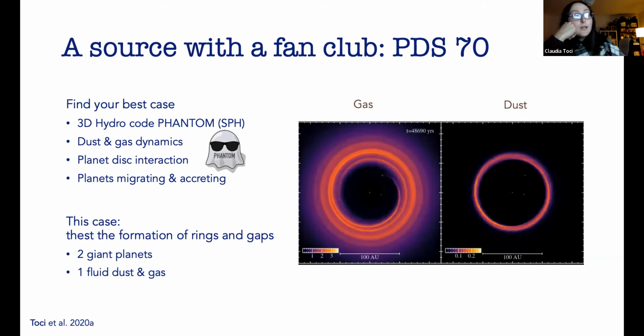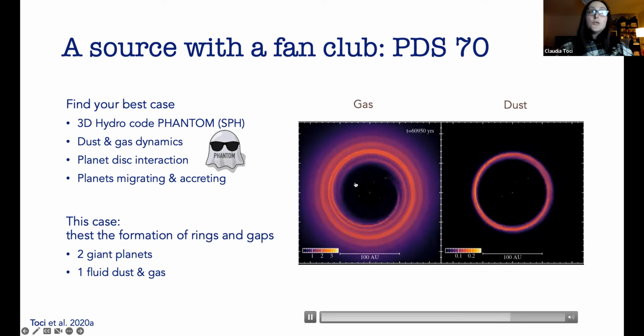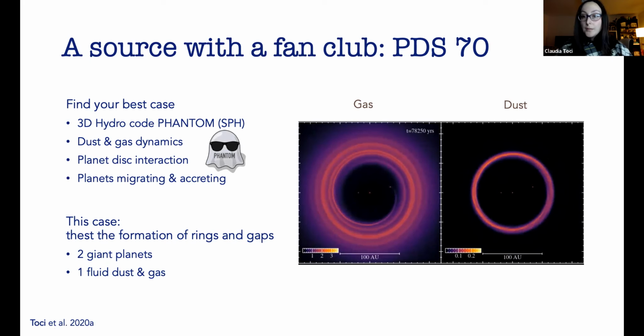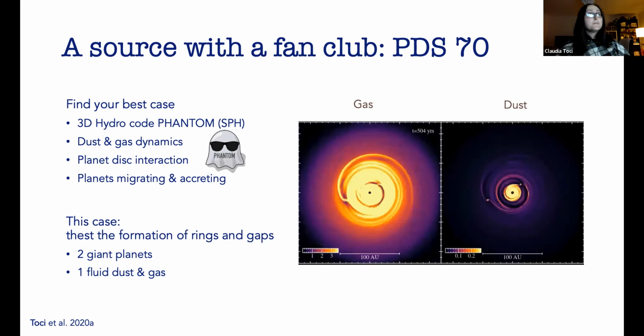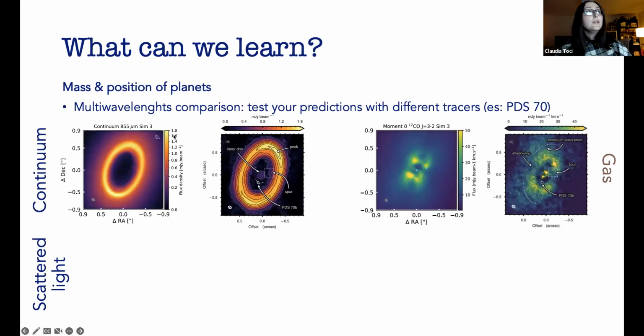So again, the same game: you evolve your simulation, you suppose the presence of the 2 planets, and it's true. You obtain your wide open cavity and you preserve an outer dust ring. Then you select your best snapshot and you do the same play as before. You evaluate using MCFOST the synthetic flux, and you compare your predictions.